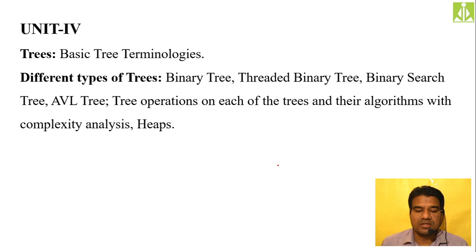As you can see, all these concepts started with basic tree terminologies, binary trees, threaded binary trees, binary search trees, AVL trees. All these we discussed, and we are left with only this last concept, which is heaps. In today's session, hopefully, we'll complete these heaps.